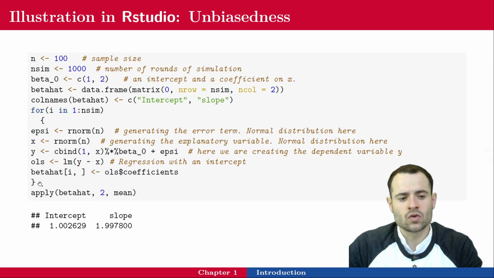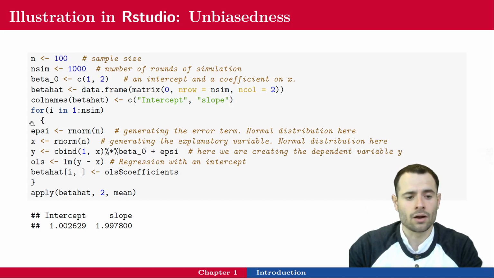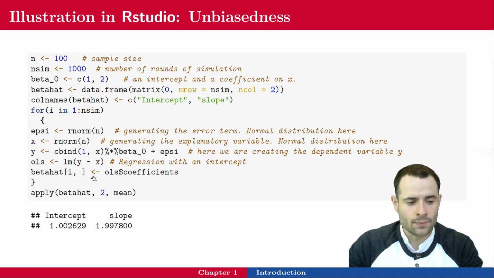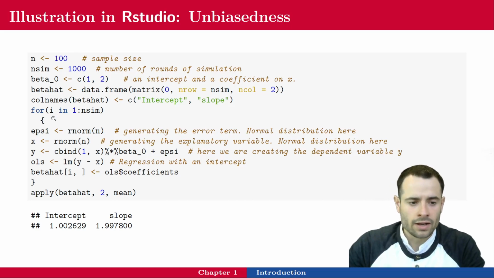So now R is going to increase this number i by 1, and start all over again, and say, now i is equal to 2. I'm going to generate another sample and run another OLS on it. And I'm going to keep the coefficients somewhere. And R is going to do this 1000 times.